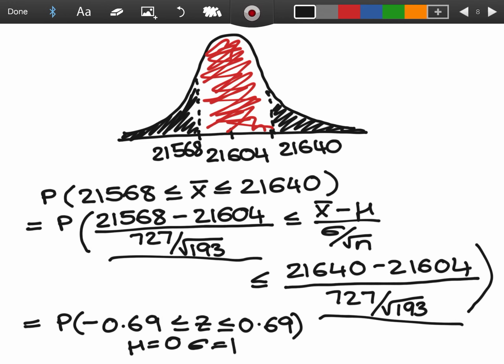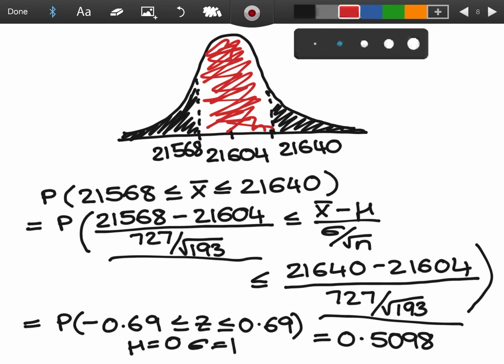So if I plug this into a calculator, okay, let's go to normal CDF, my lower bound is negative 0.69, my upper bound is 0.69, mean of 0, standard deviation of 1. So that should give you, if you type it into a calculator, 0.5098.